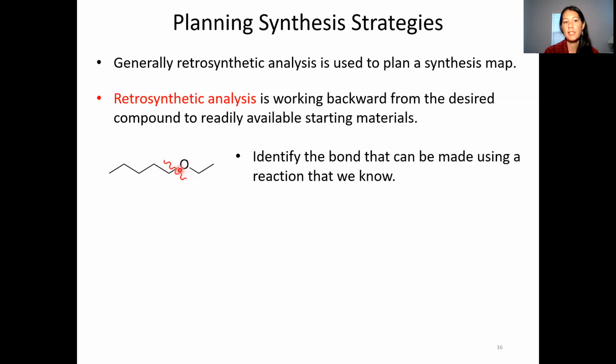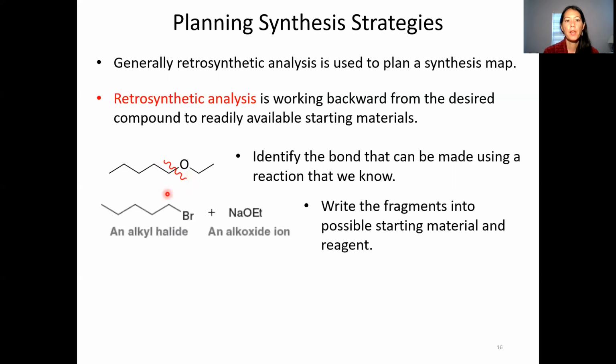So let's disconnect here on the left. So that could bring you back, like I said, to an O-. In this case, we have 2 carbons, so that could be ethoxide. And let's make this an electrophile, so I just add a bromine here. So these are 2 possible fragments.